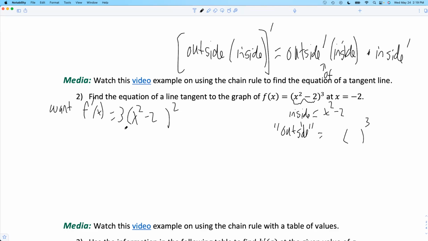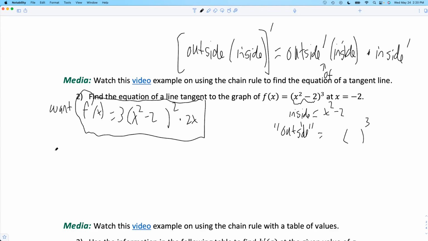So that's the derivative of the outside evaluated at the inside times the derivative of the inside. What's the derivative of x squared? 2x. The derivative of minus 2 would just be minus 0. I could write minus 0, but that's just 2x. Okay, there's my derivative.